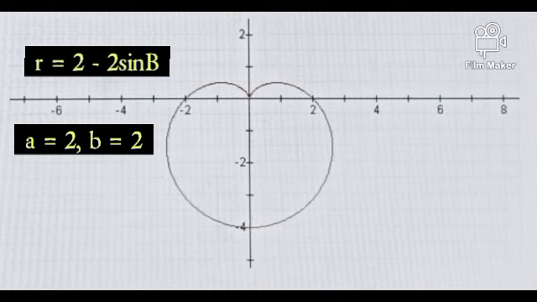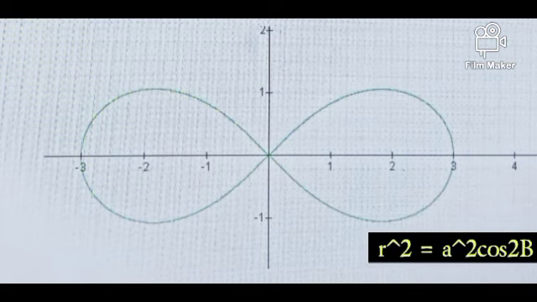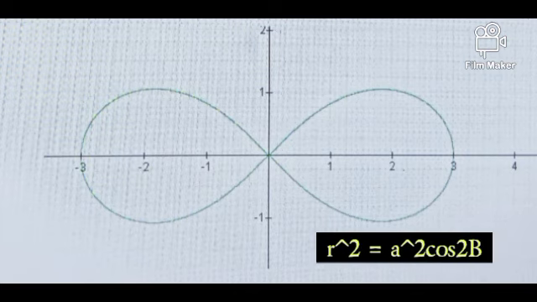Similar to this graph would be the graph of the polar equation r squared equals a squared multiplied by cosine 2 theta, or the graph of the polar equation r squared equals a squared multiplied by sine 2 theta.